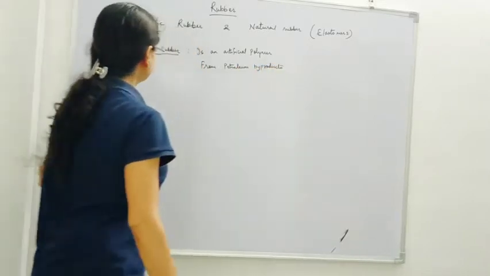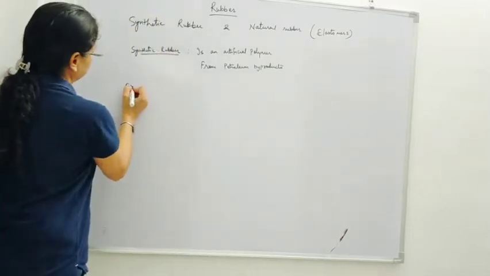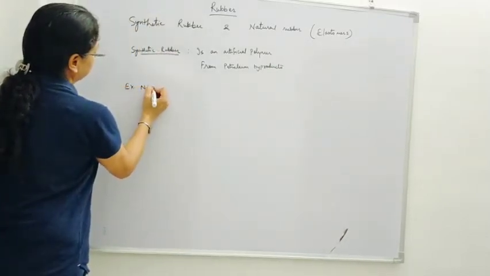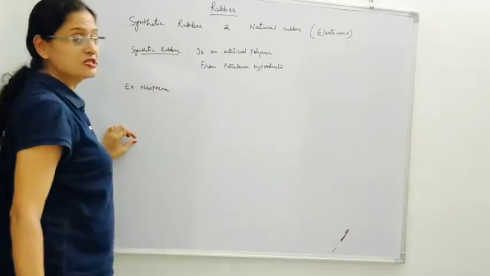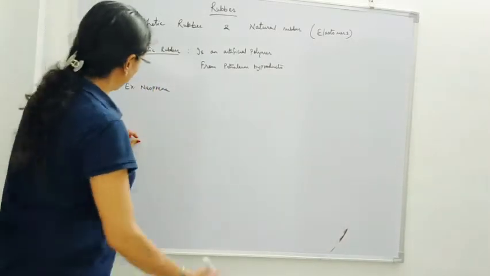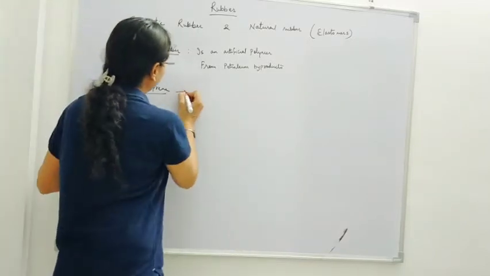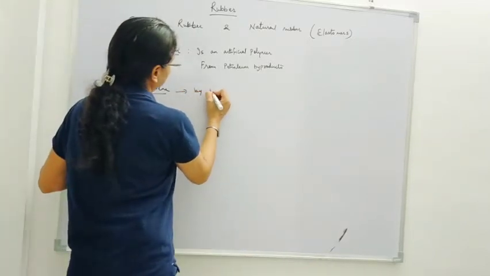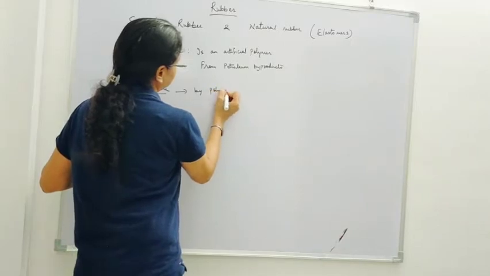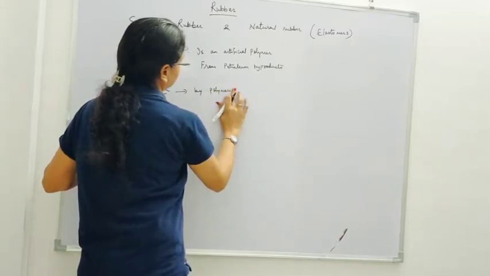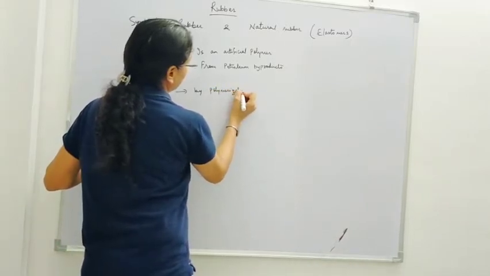An example of synthetic rubber is neoprene. You must have come across this word neoprene. Now neoprene is an example of synthetic rubber and has been obtained by polymerization of chloroprene.